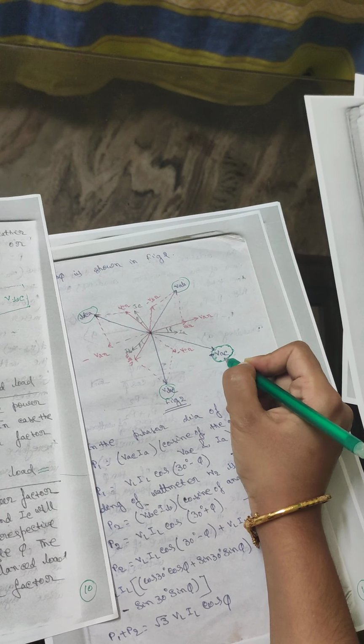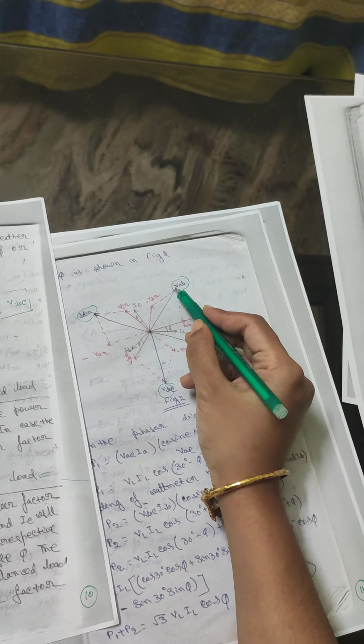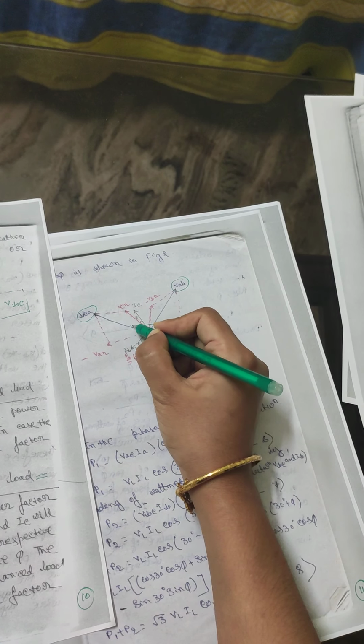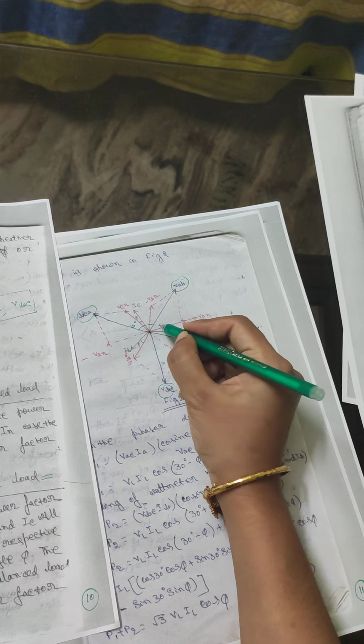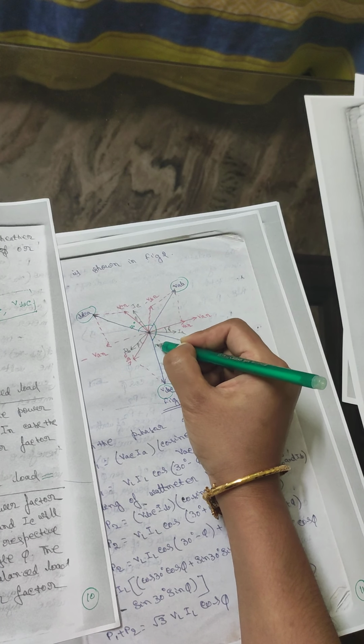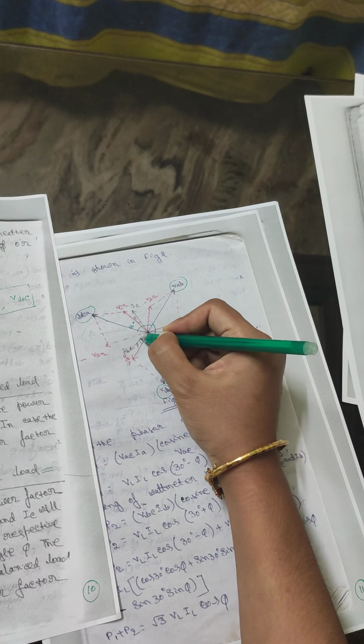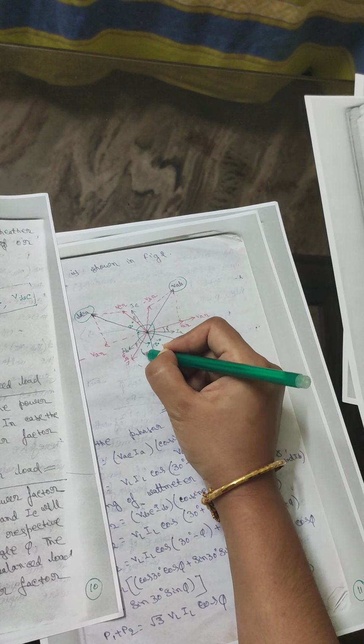This one. Three line voltages, and the phase difference between them is 120 degrees. This one already we know is 120 degrees, and this one is also 120 degrees.